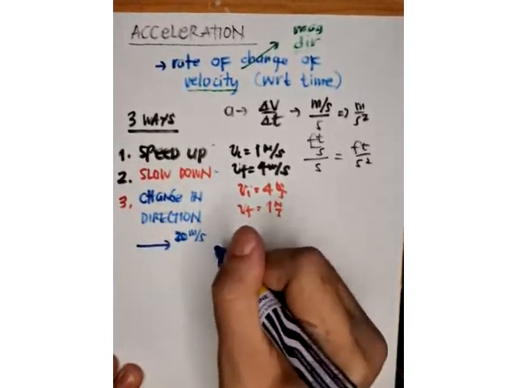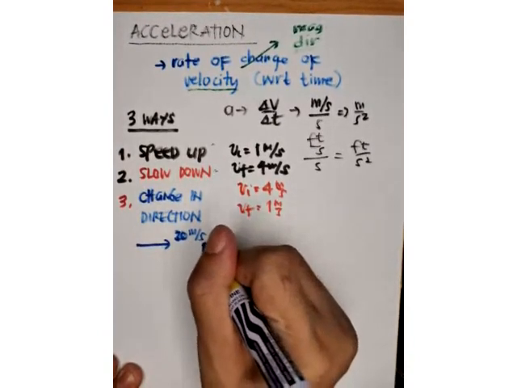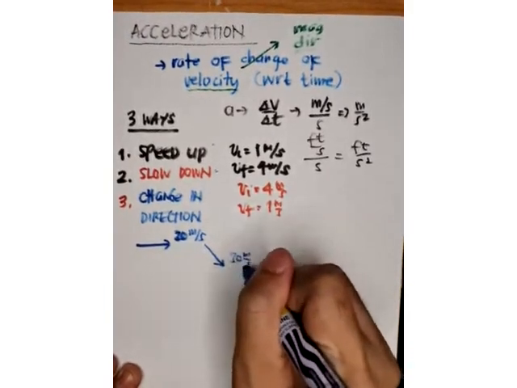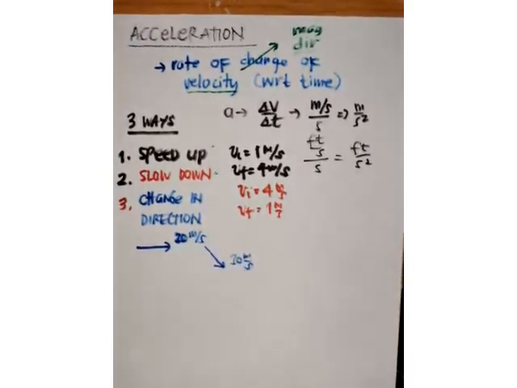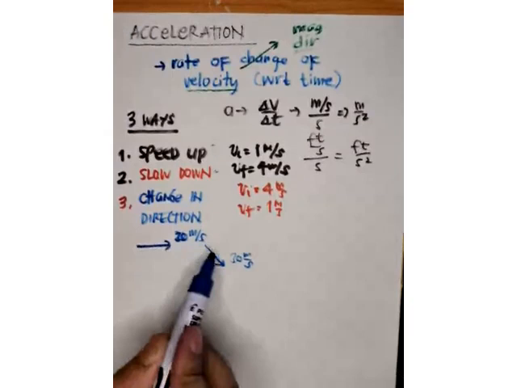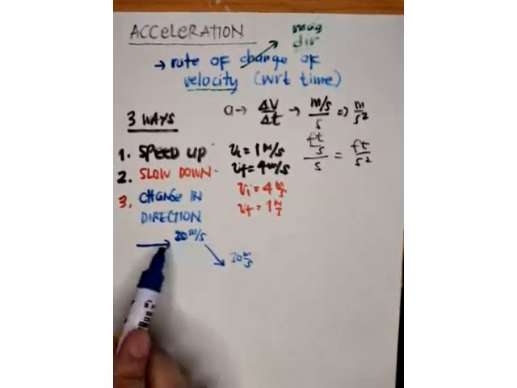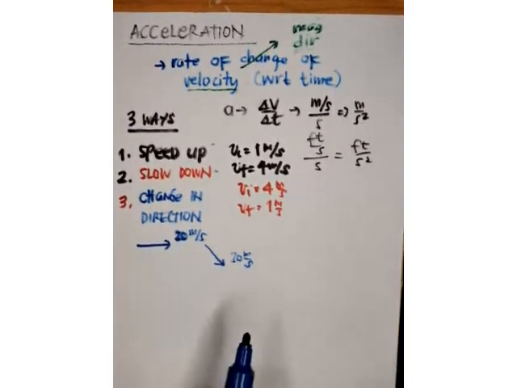Tapos bigla kayong lumiko. Ayan. But you're still running at 20 meters per second, pero nagbago yung inyong velocity. So is there a change in the direction? Yes. If there's a change in direction, is there a change in velocity? Yes. So that means there is acceleration.